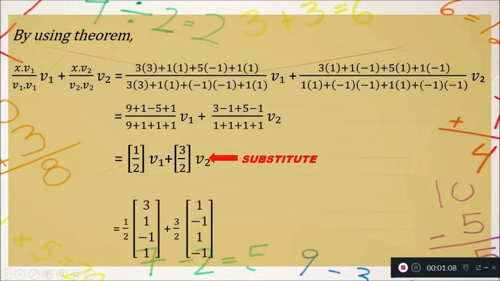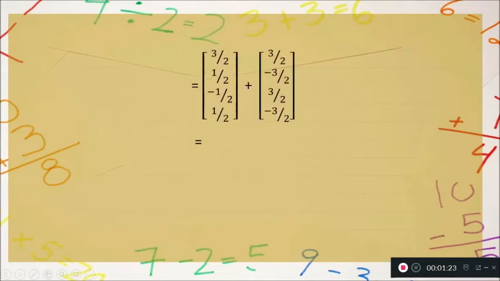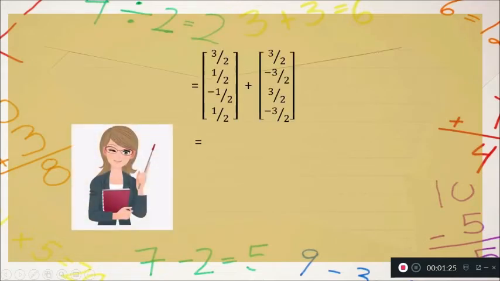The value for v1 is (3, 1, -1, 1), while for v2 it is (1, -1, 1, -1). The values for v1 and v2 we took from the question. Then the final answer that you will get is (3, -1, 1, -1).